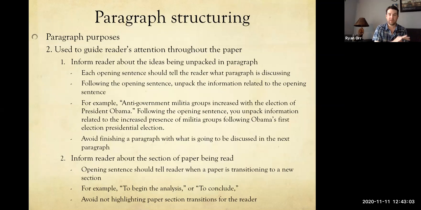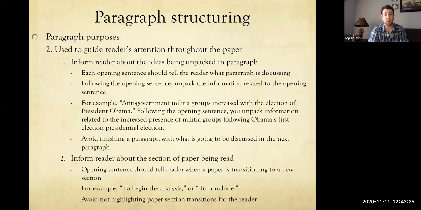So rather than using a new opening sentence to introduce a new idea, when you're continuing an idea in a new paragraph, you simply do something like, in addition to, along with. So again, to show the reader that, yes, this is a new paragraph, but we're still continuing the idea we discussed in the previous paragraph.